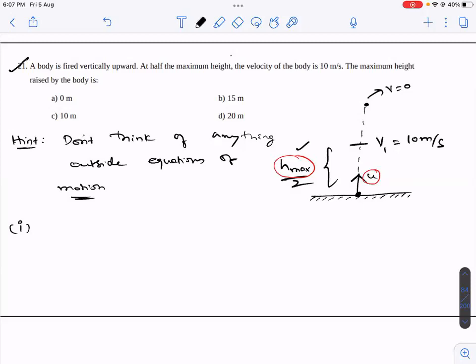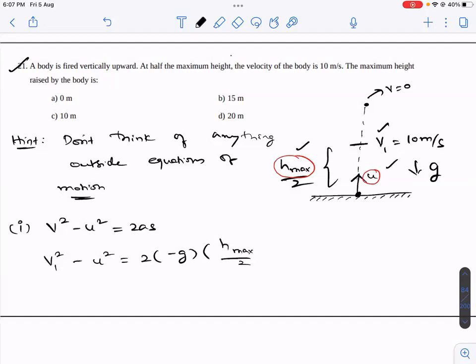h max divided by 2. Will I be able to find a relation between V1 and u by applying the formula v square minus u square is equal to 2as? Yes. So V1 square minus u square is equal to 2 into acceleration due to gravity, minus g, into displacement of the particle, h max divided by 2.